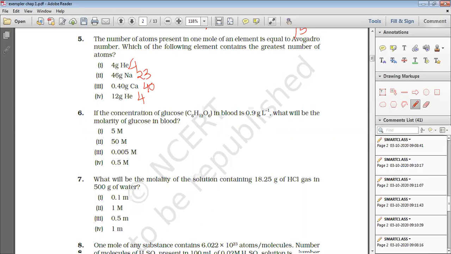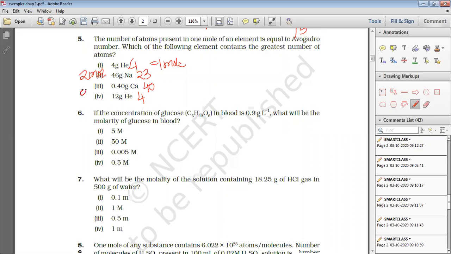So if we divide 4 gram by 4, this will give us 1 mole. So now we are going to write the mole. This is 2 mole. This is 2 mole.